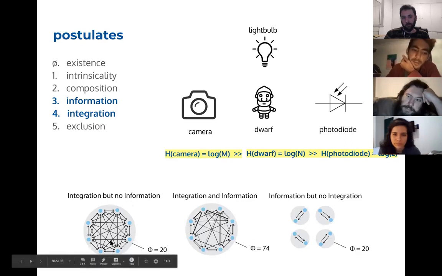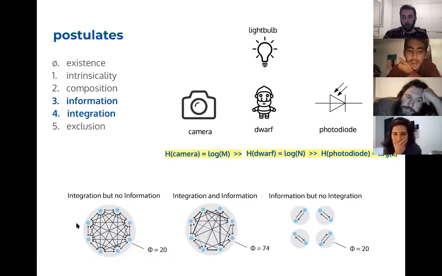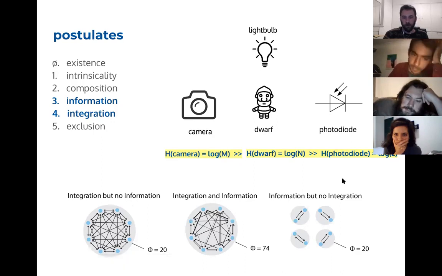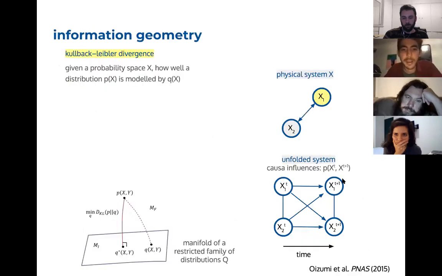And the same thing for a fully integrated but fully homogeneous system. It's fully integrated, but each part does the same as every other part, so it's not actually distinguishing anything apart from what a single mechanism does. So you probably have to lie somewhere in between. Okay, so this is the intuition behind it.